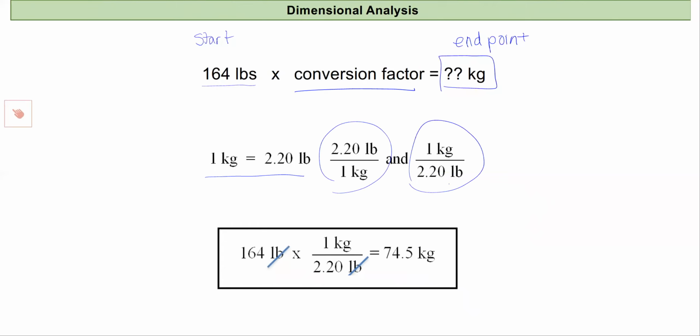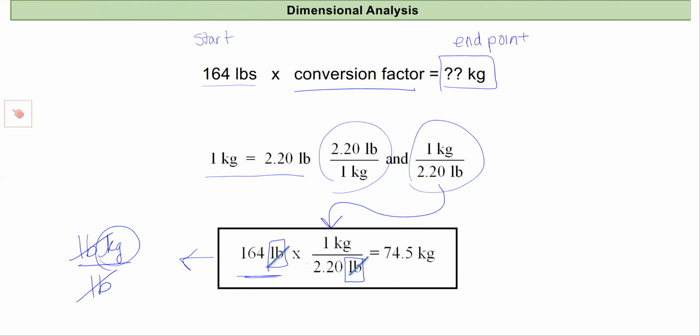Now, which way do I want to use? Well, if I'm starting with pounds, I want to have pounds on the bottom of my conversion factor. So that when I multiply this all out, my units can be thought of as pounds, kilogram, divided by pounds, where these cancel, leaving me just with units of kilograms. So I'll choose this version of my conversion factor to multiply my starting piece of information by.